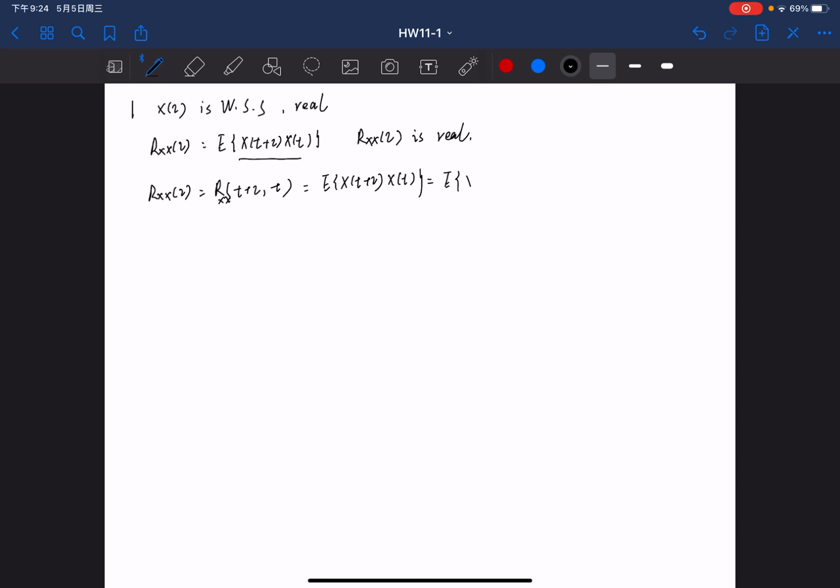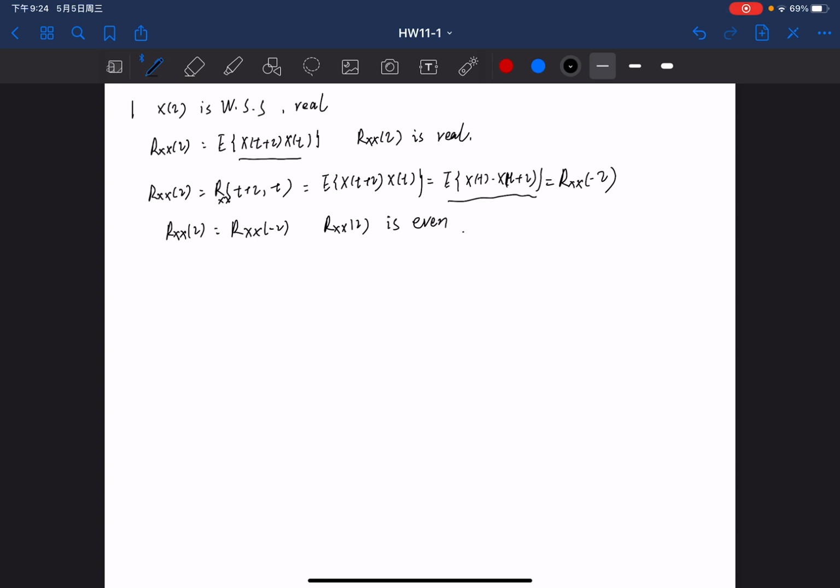It equals x(t) multiplied by x(t plus tau), and this part equals R_xx(negative tau). And so we can find that R_xx(tau) equals R_xx(negative tau), and so R_xx(tau) is even.